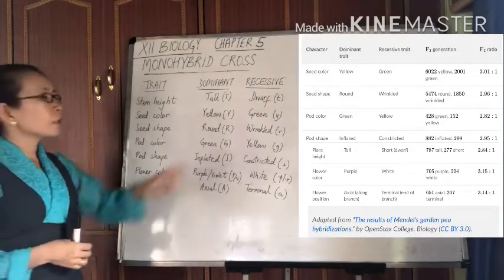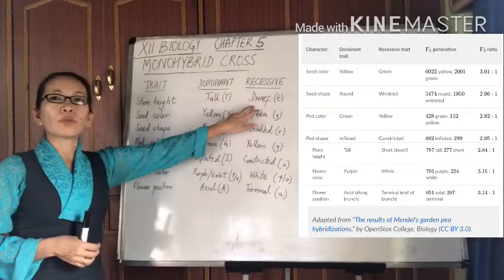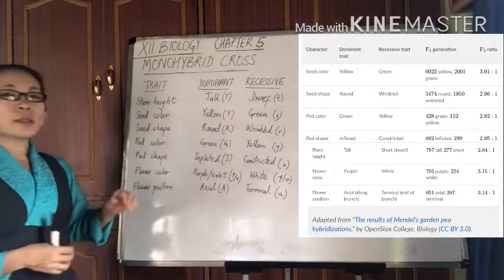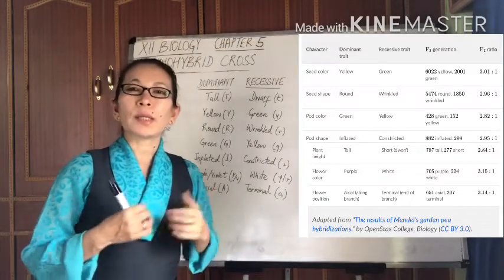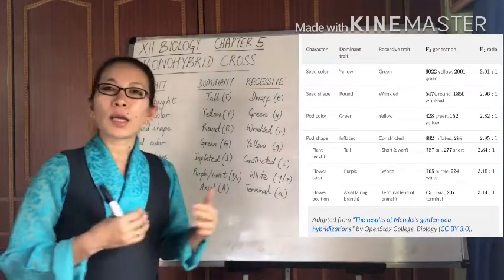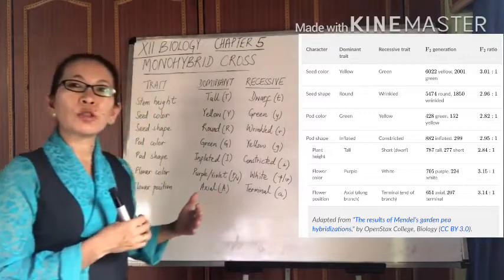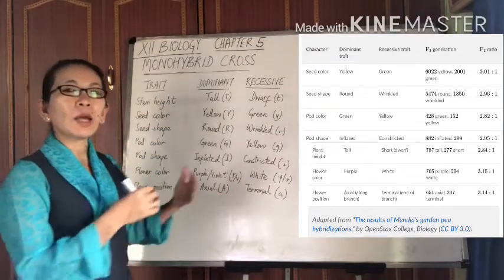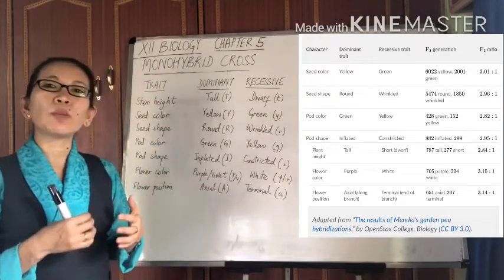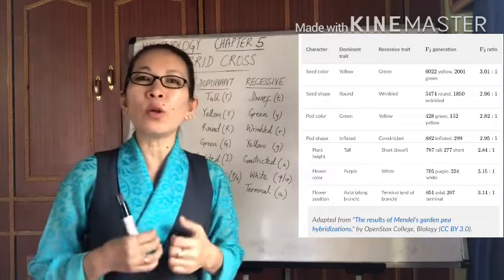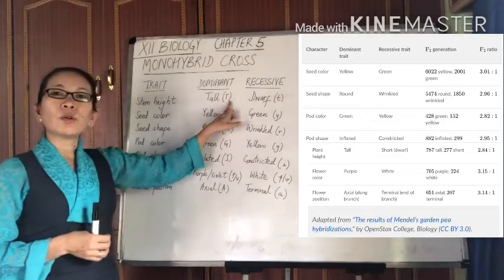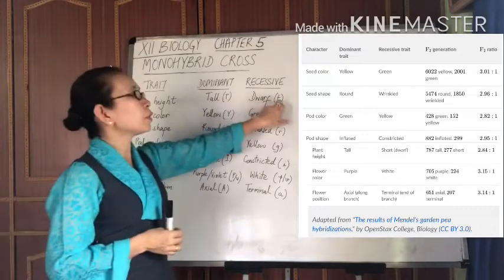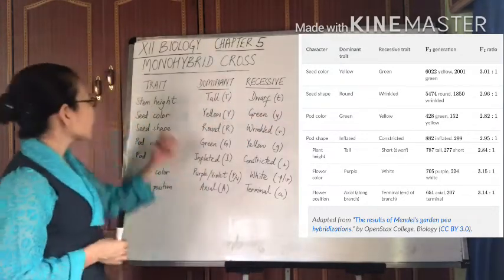For stem height, tall is dominant over dwarf. And the dominant and recessive traits are to be expressed in letters. As we know, for the dominant trait it has to be a capital letter, and for the recessive trait we are going to be using the same letter, but it has to be a lowercase letter. So, stem height: tall, denoted with capital T, dwarf, denoted with small t.